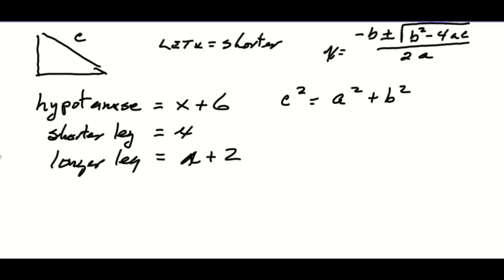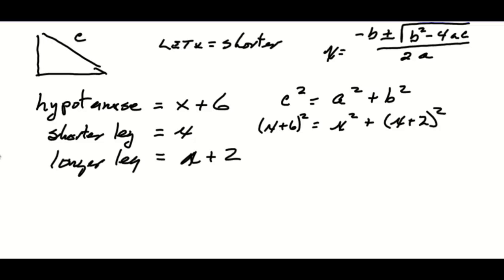Now, in this particular case, we're not going to solve c equals the square root of, because what we want is lots of squares. So I take our hypotenuse, and that's x plus 6, that quantity squared, equals a squared, and we'll make that our shorter leg, x squared, plus our longer leg is x plus 2 quantity squared.